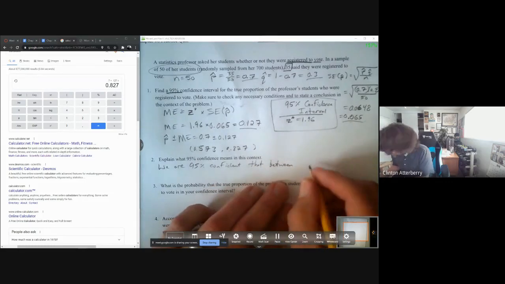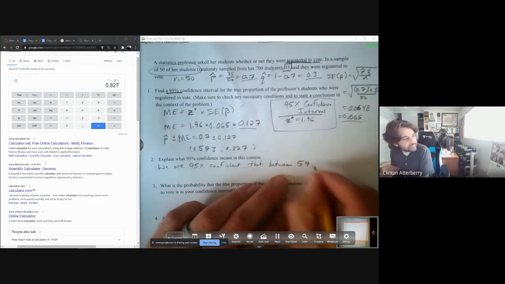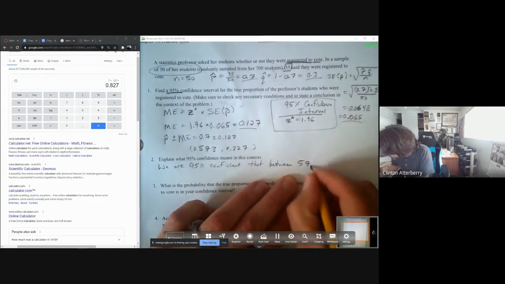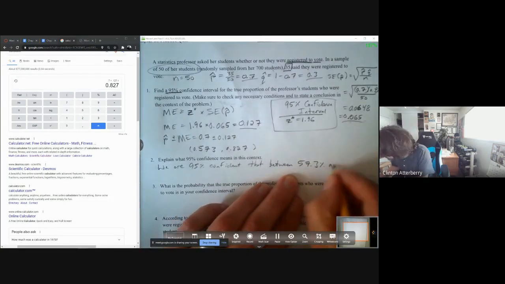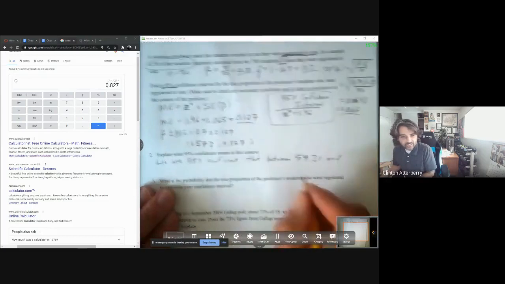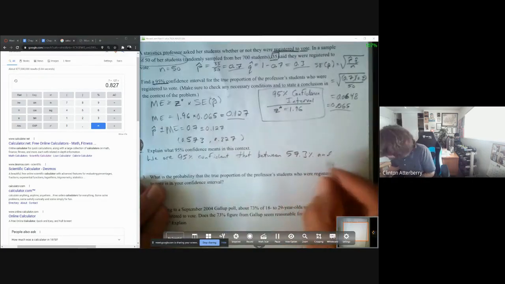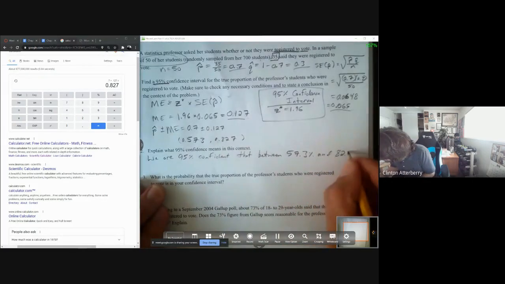So this is more of the slang. If you were doing the AP test, you probably should not write this out. And I'll discuss what the actual better way to say it is in a moment.